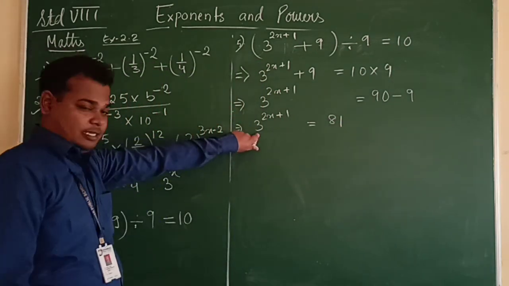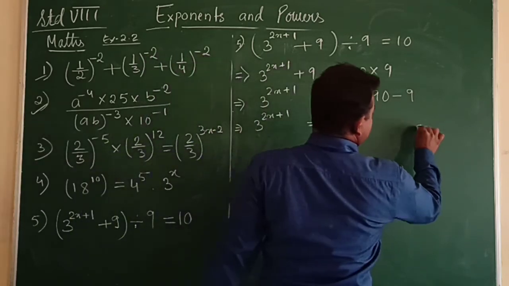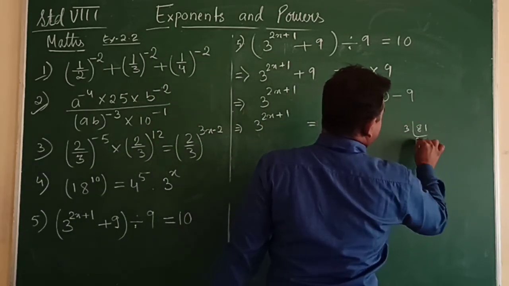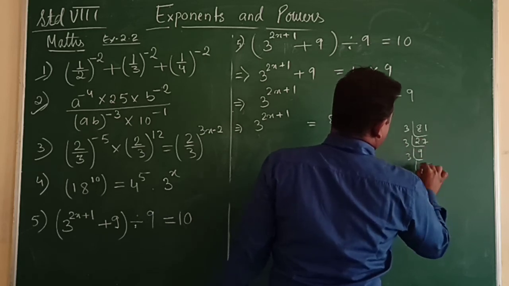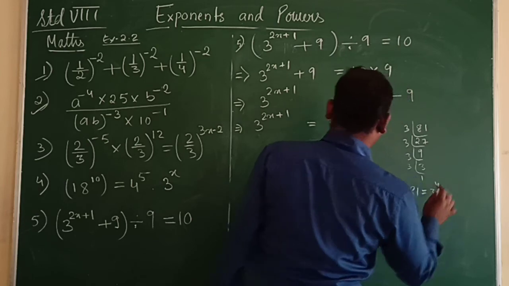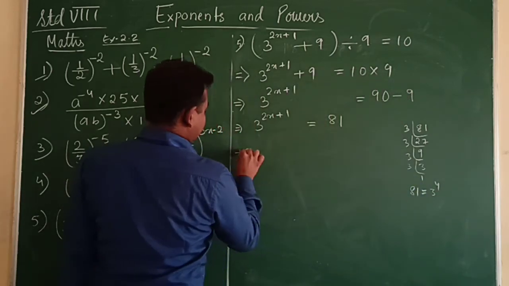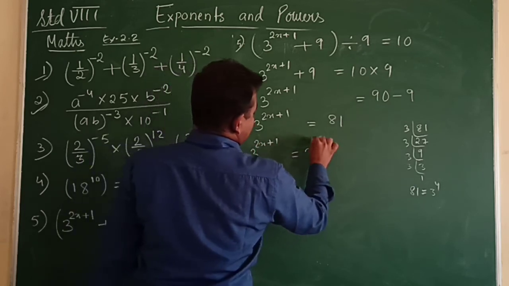Now the base is 3. Here 81, so change it. 81 is 3 to the power 4. So instead of 81 we can write 3 to the power 4.